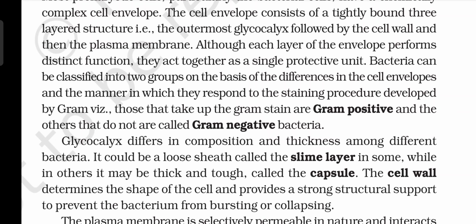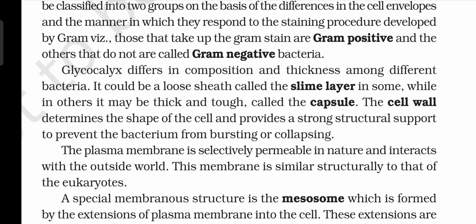Bacteria can be classified into two groups on the basis of the difference in the cell envelopes and the manner in which they respond to the staining procedure developed by Gram. Those that take up the Gram stain are Gram-positive, and others that do not are called Gram-negative bacteria.